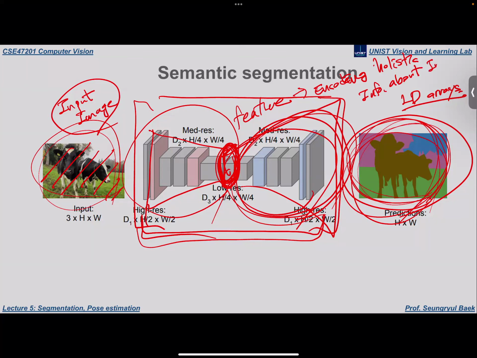whole image. When classifying an individual patch into a semantic class, you may have to know somehow the global information. So by compressing the information from the global image into a one-dimensional vector, which is the feature vector, you can expand it to classify each individual pixel considering the holistic image information.